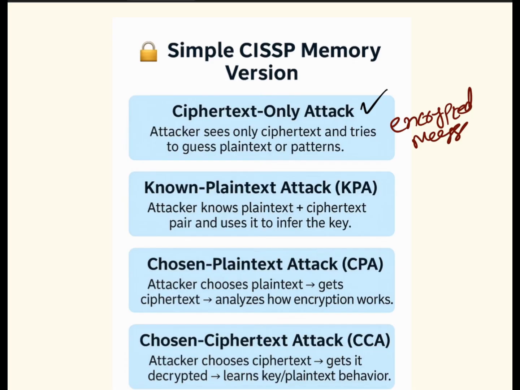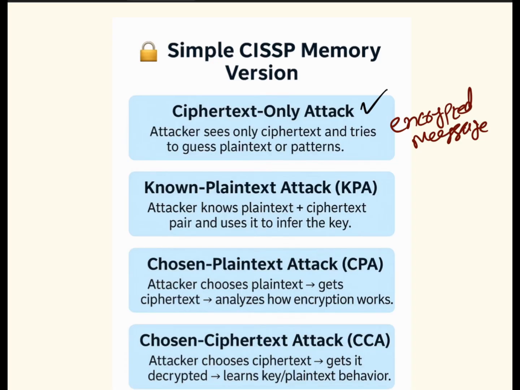But no plain text, no key, no access to the system. So system means that the attacker does not have access to the system which could decrypt that encrypted message or ciphertext. The attacker sees only ciphertext and tries to guess plain text or pattern.